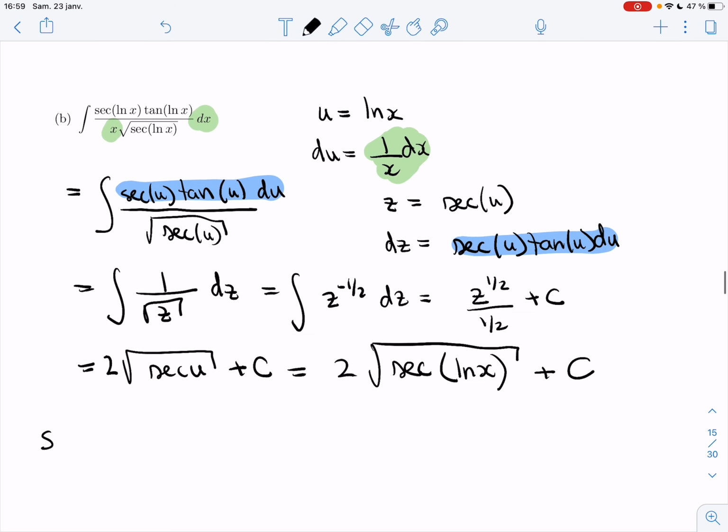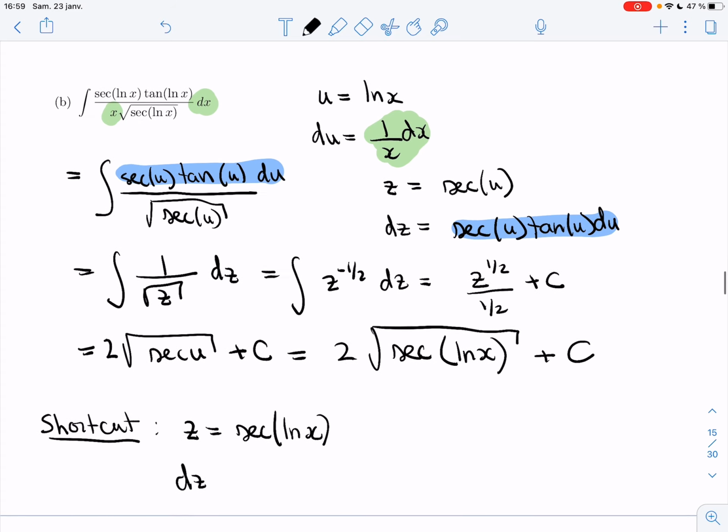There is a shortcut though, and if you notice it, you might save a bit of time by taking it. What I see here is I have secant of log of x inside. So maybe I should just take z to be secant of log of x. And if I take the derivative, I wonder if I have it.